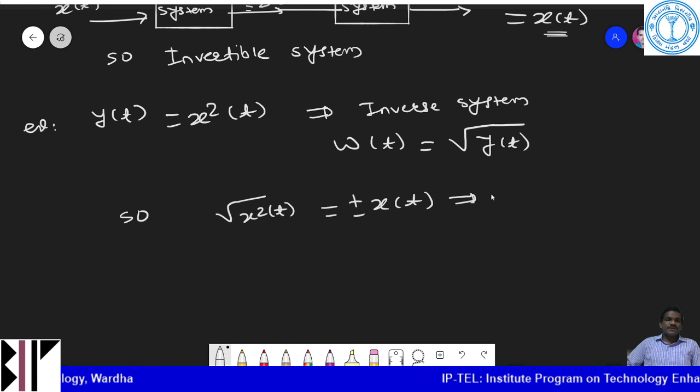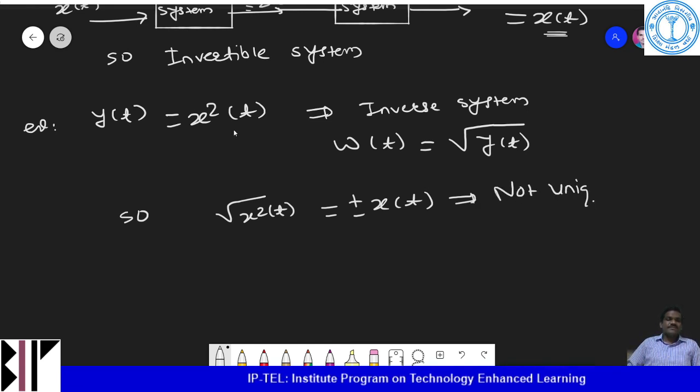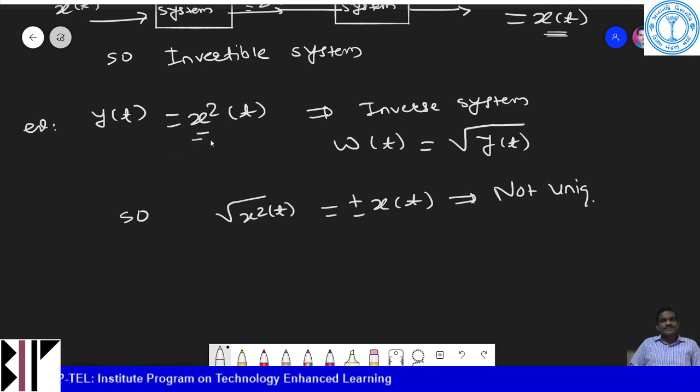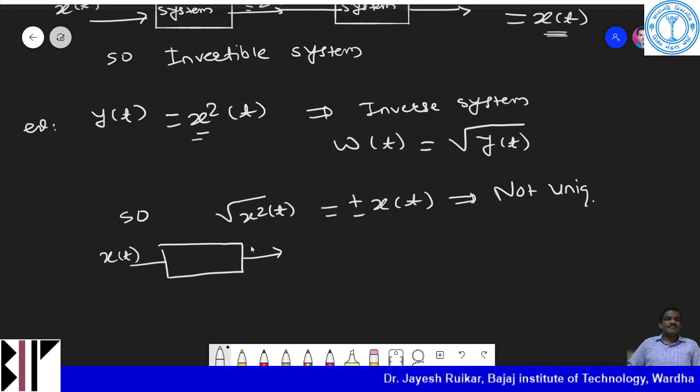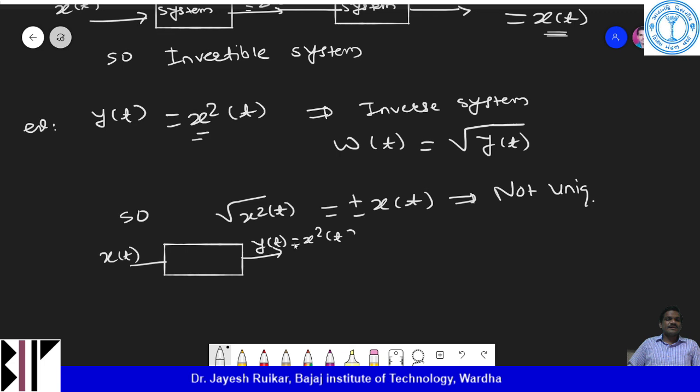So this is not unique. Whereas our unique input is x of t, that is positive x of t we have sent to this. So this is my x of t, unique, and then I am getting y of t equals x square of t.